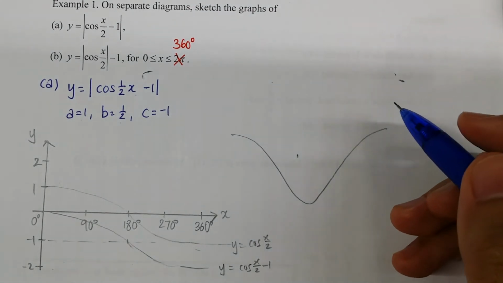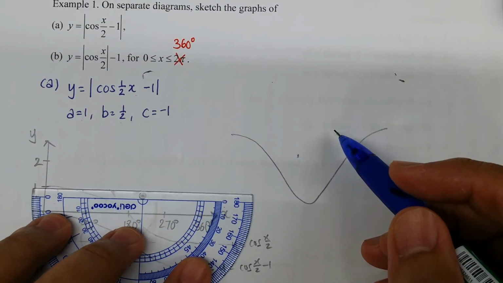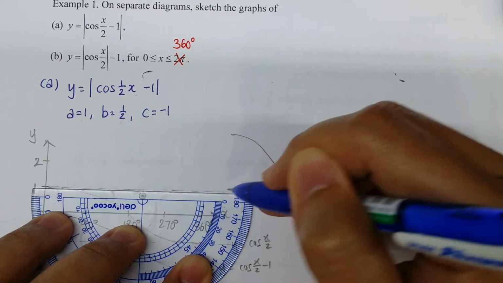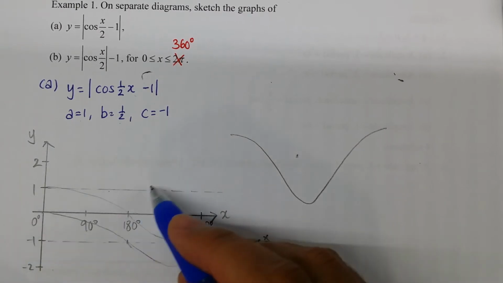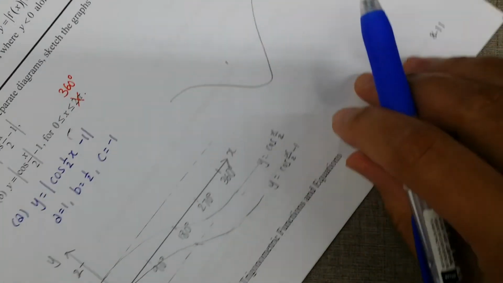Then if we flip upwards, the imaginary line will be here. I will draw in pen so that you can see it clearer, but for your case, please draw it in pencil. So it should flip this way. Don't mind, I'll tilt the paper, easier for me to draw.